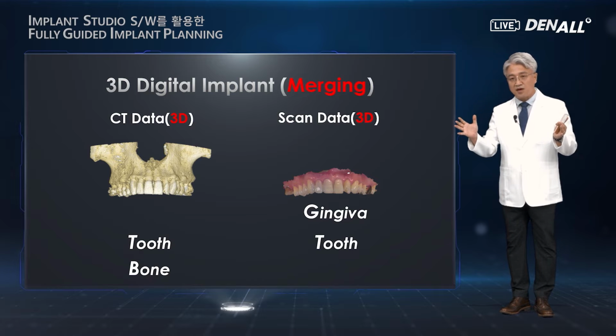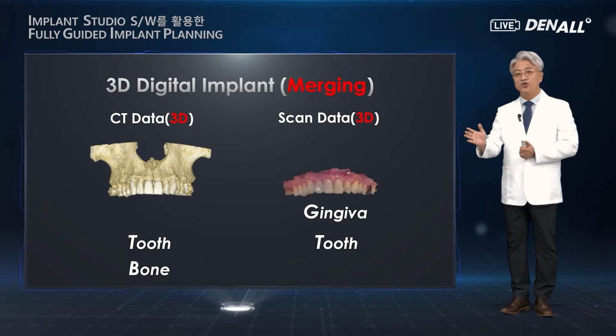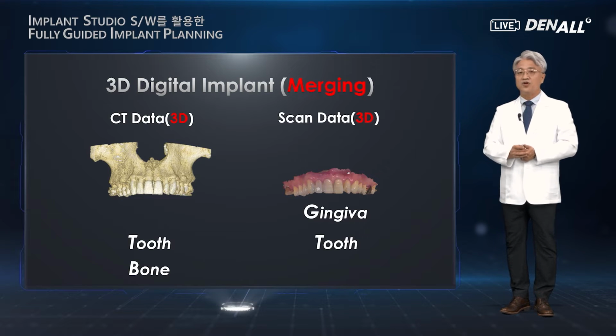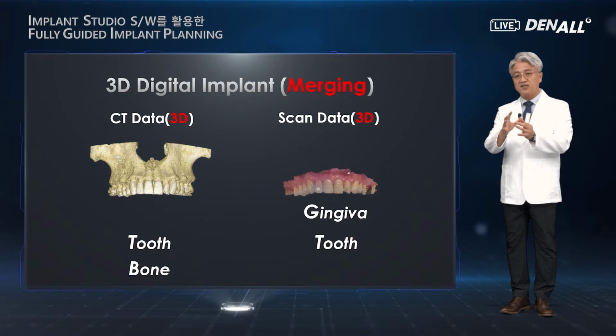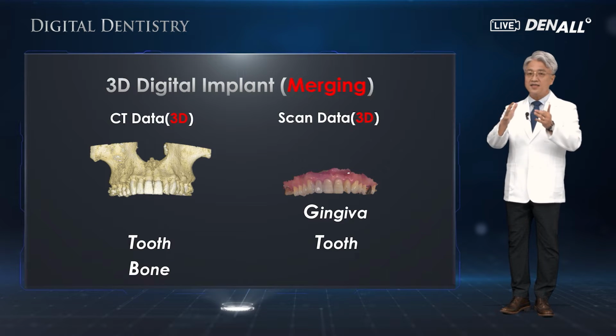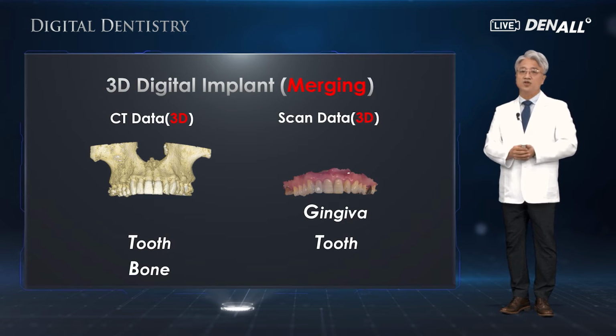Three-dimensional data can be acquired. Scan data for gingiva and teeth can be acquired. If those two images can be merged accurately, the actual patient's anatomic structure can be utilized in our simulation.